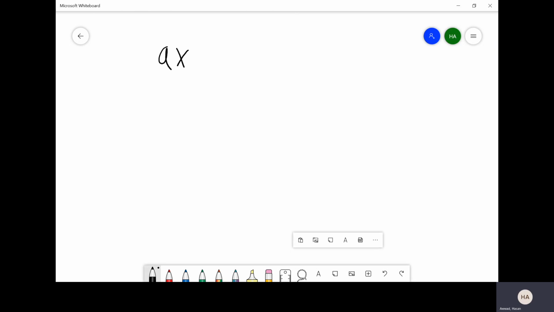So again, standard form is ax squared plus bx plus c is equal to 0. And what people did is they essentially completed the square, but for all of these variables. So they did b over 2 squared, they added it to both sides, and they solved for x.